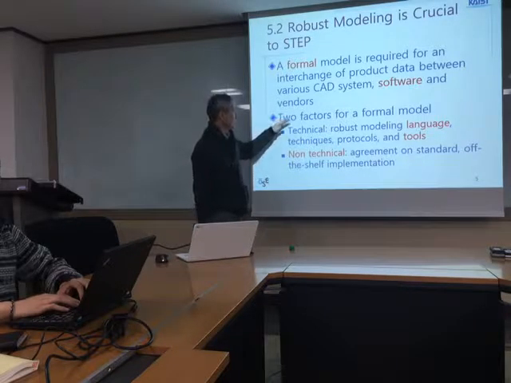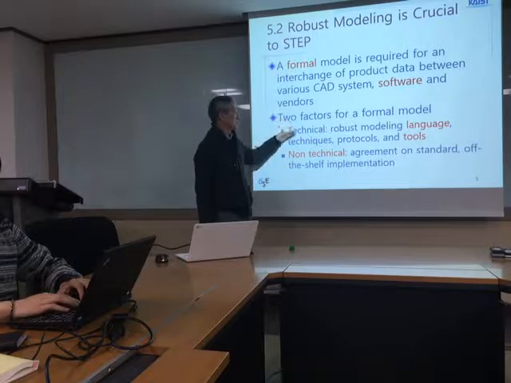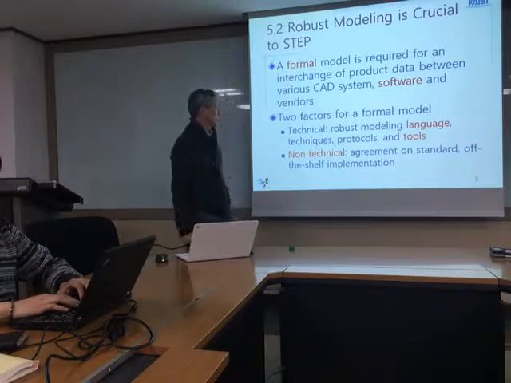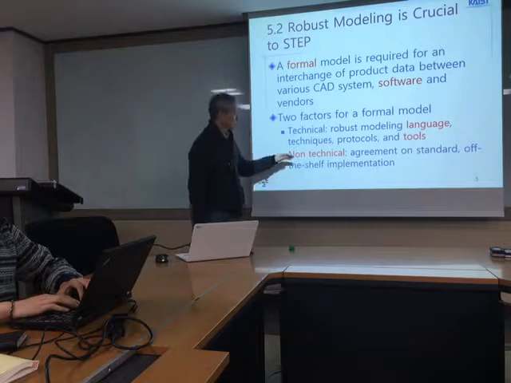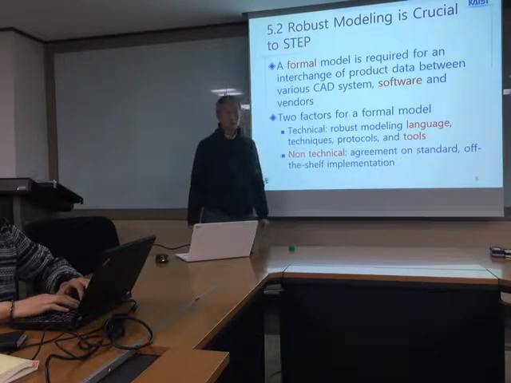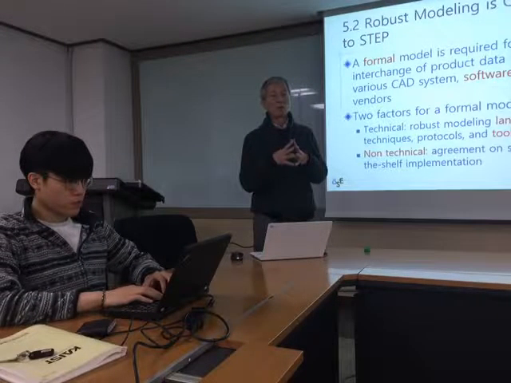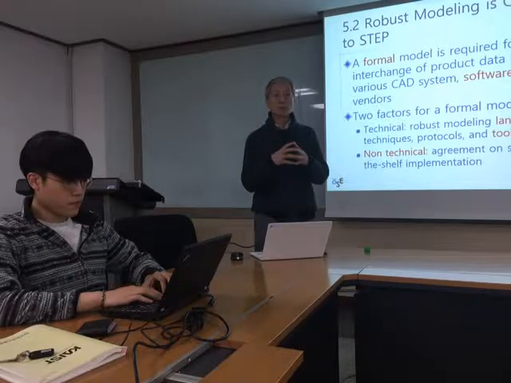So what is a formal language, a formal model? Two factors: technical and non-technical. Technically, it should be a robust modern language, and there should also be tools. But there is also a non-technical factor: standards should be agreed by consensus by most of the countries. 2/3 of the voting should be yes to make an ISO standard.